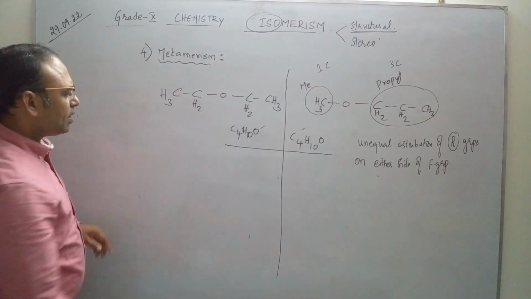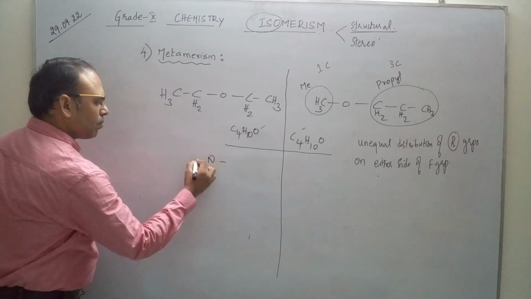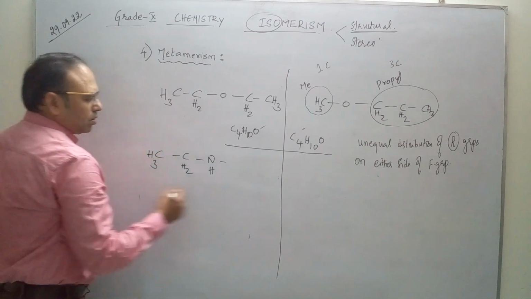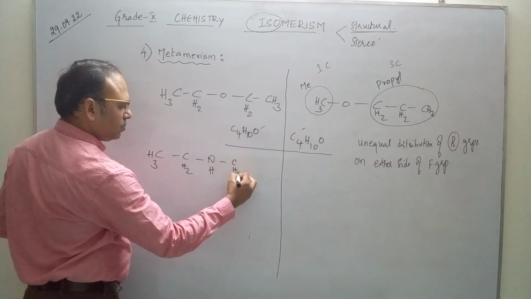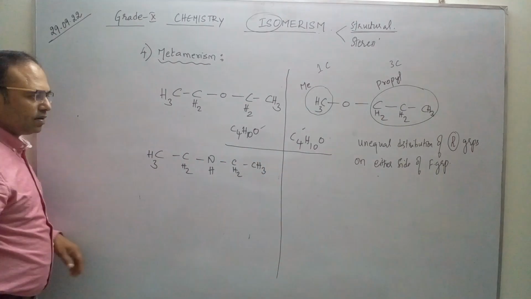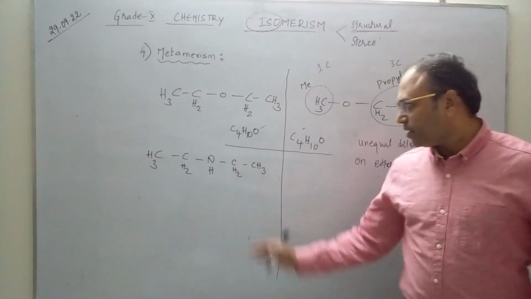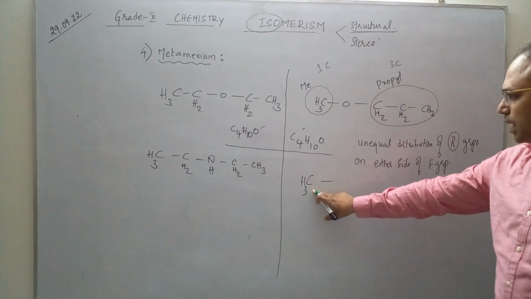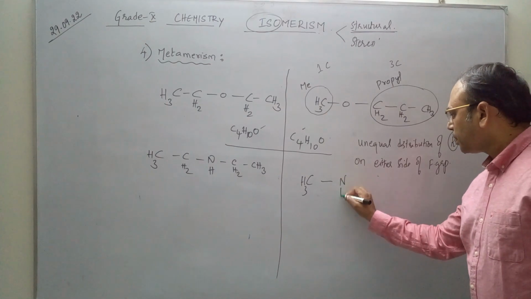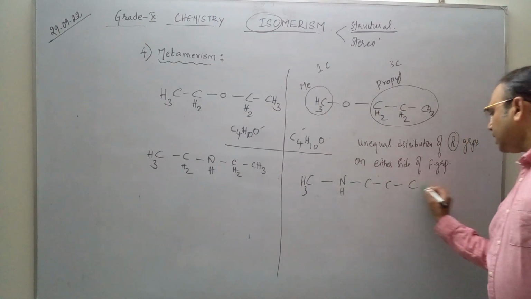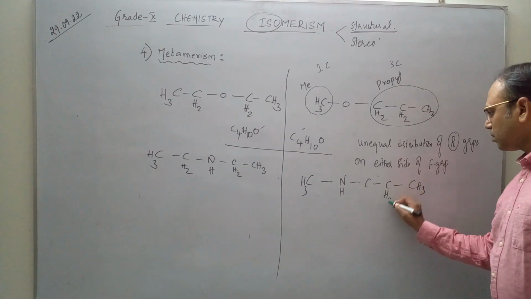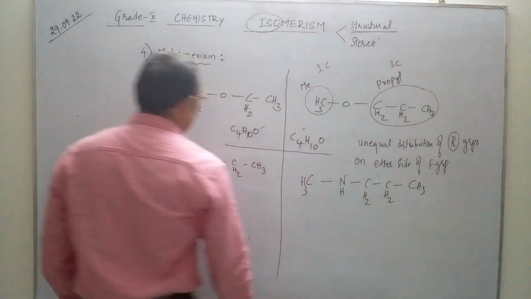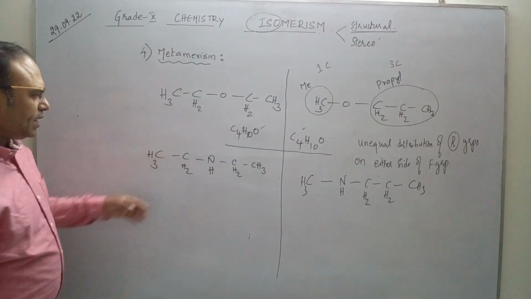Now let us change ether and write amine. The same example you can take, ethyl group on one side and ethyl group on the other side. Now how to write the metamer for this compound? So unequal distribution of alkyl groups, here 1 carbon, amine NH, and here you can write 3 carbons. So if you check the molecular formula, so already you know about writing the names, so I am not writing the names here.